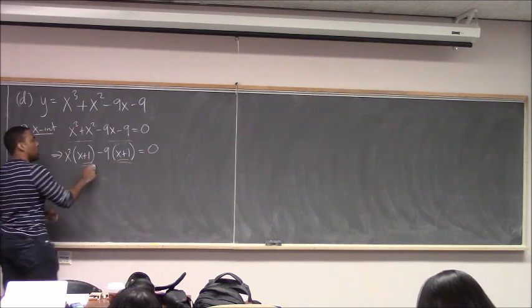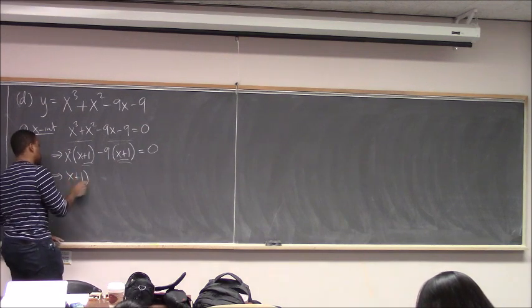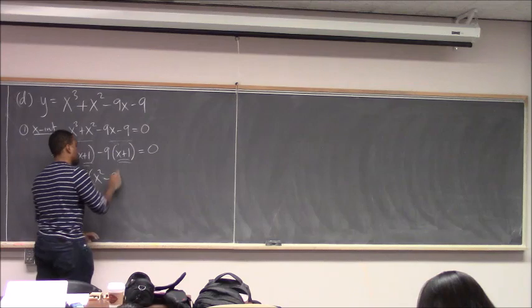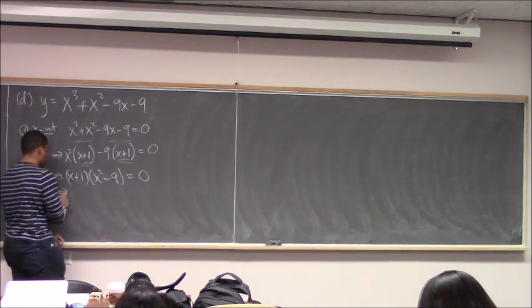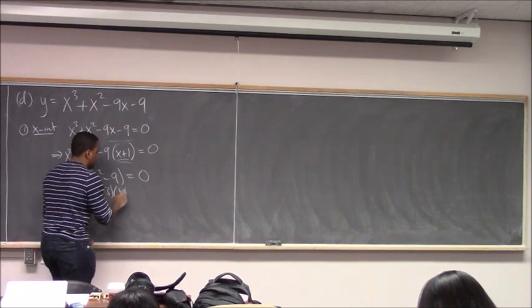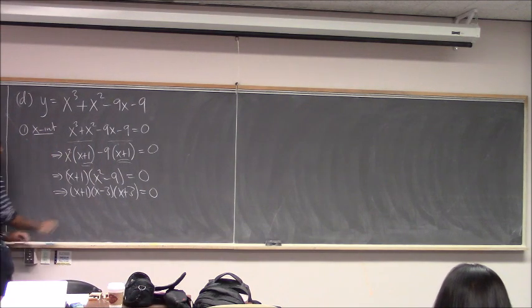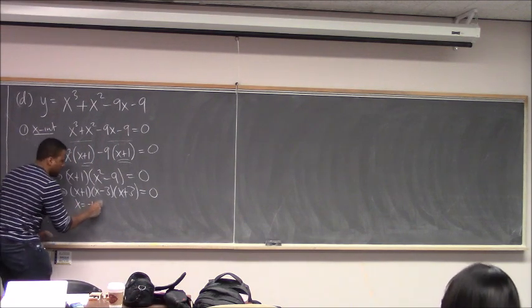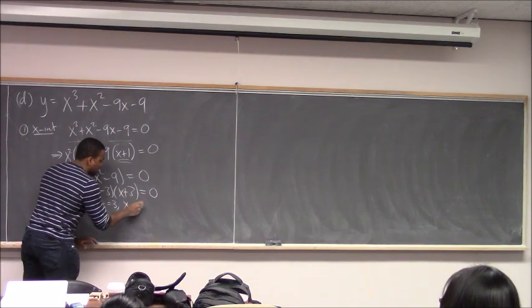Notice that now x plus 1 ends up being a common term. I can factor that out. Now we notice that's difference of squares. So this means x equals -1, x equals 3, or x equals -3.